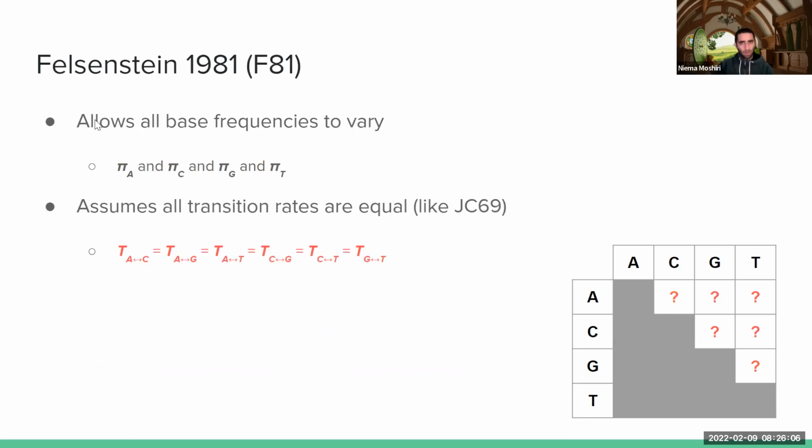But in this model, he's reverting back to this simple transition rate where all the rates are the same, but he's allowing the base frequencies to vary. So the four base frequencies, the probability of A versus C versus G versus T, can all be different in this model.